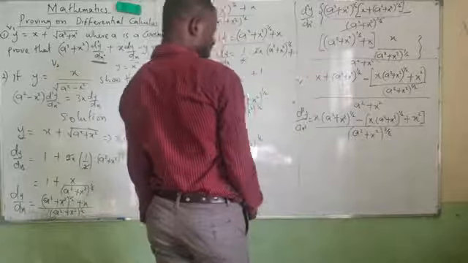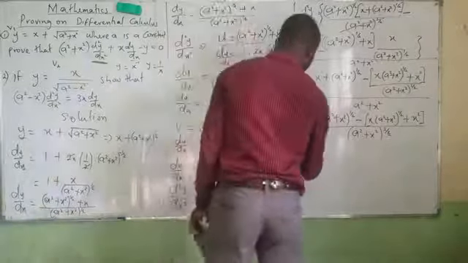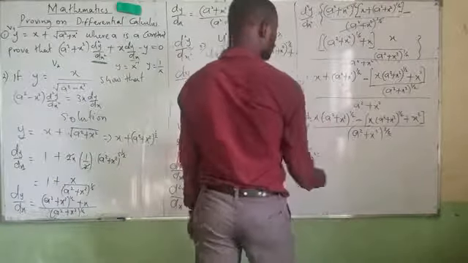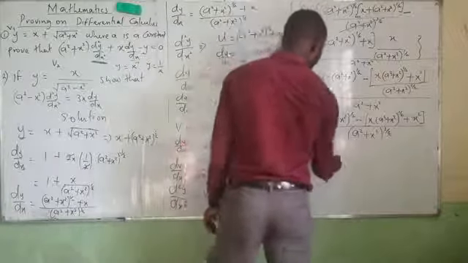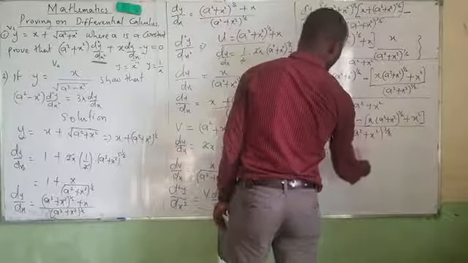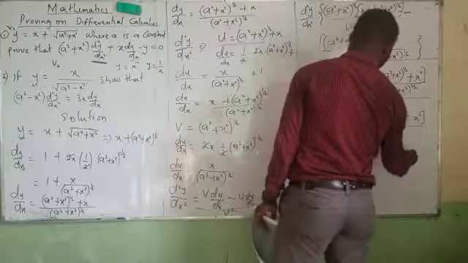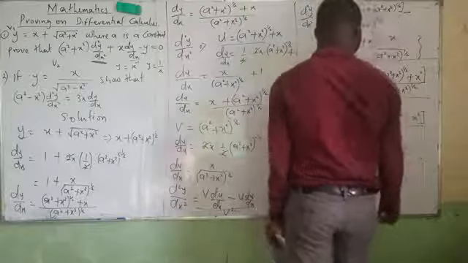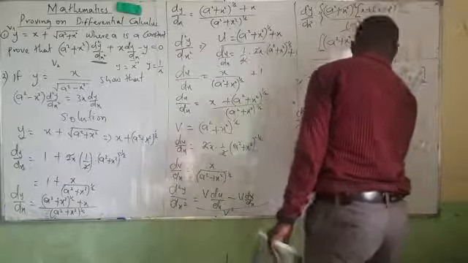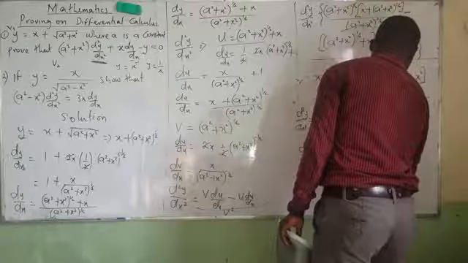Looking at something here, I can easily say that the y, the x squared will be equals to, normally I'll be having x bracket of a squared plus x squared 1 over 2 minus s bracket of a squared plus s squared 1 over 2 minus s squared divided by a squared plus x squared bracket of 3 over 2.